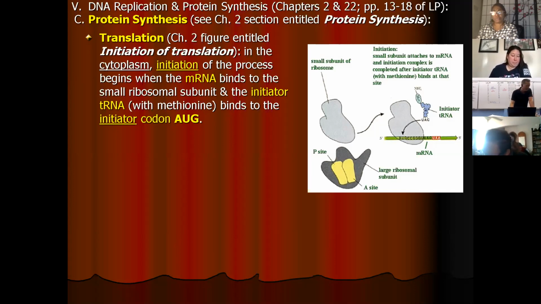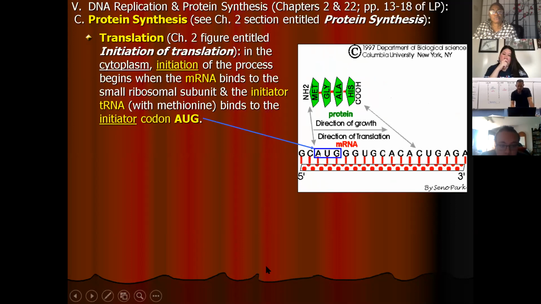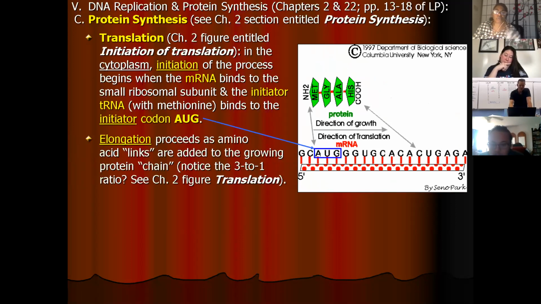And methionine, in the initial construction of a protein, is always the first amino acid. Now here, you can see in this figure, the P site and the A site. P is first, A is second. Okay, we'll go over this in just a second. AUG is the initiator codon.